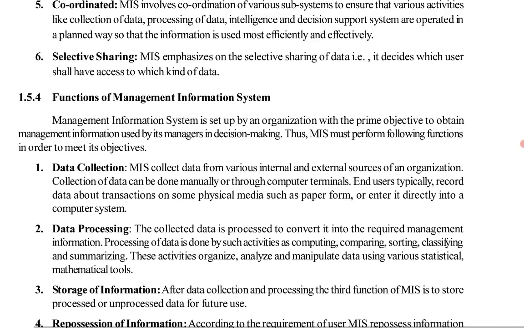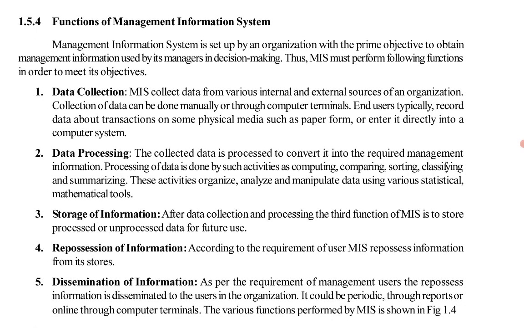So next is functions of management information system. So what are the main functions or functionalities of MIS? MIS is set up by an organization with the prime objective to obtain management information used by its managers in decision making. Thus MIS must perform the following. So what is the main role of MIS?